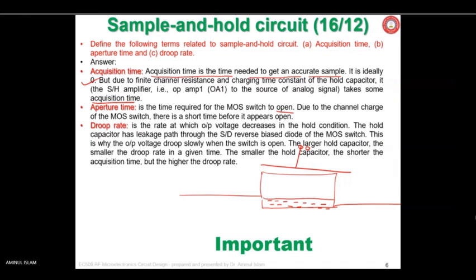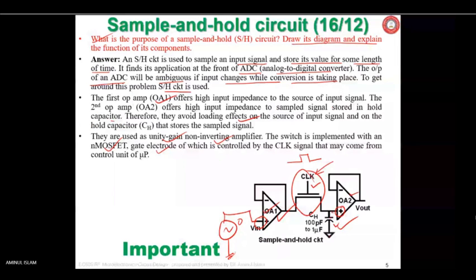Droop rate is the rate at which the output voltage decreases in the hold condition. I mean, your capacitor is holding some value, whatever input value is stored. But BJT or MOSFET are leaky. They will always be leaking.